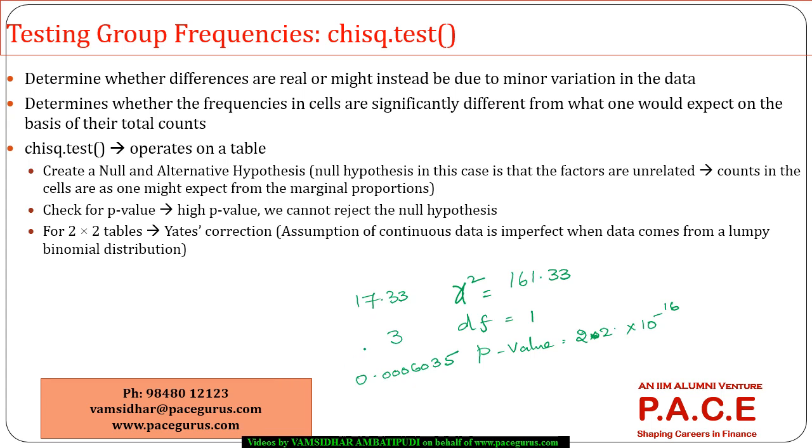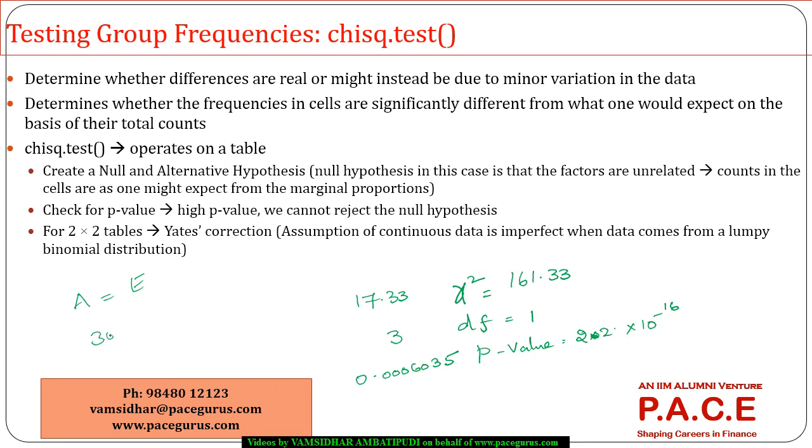Now, if I look at a simple interpretation, the null hypothesis is that the proportions are more or less equal. When I say actual is more similar to expected, it means the proportions across the groups will be more or less equal.